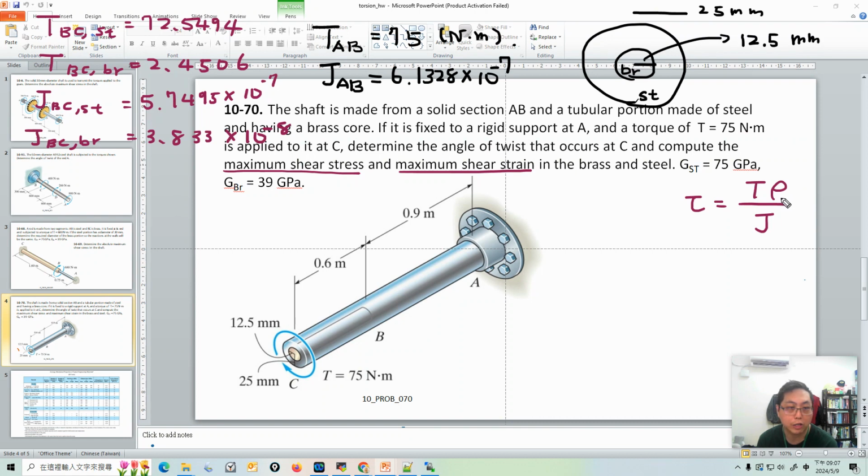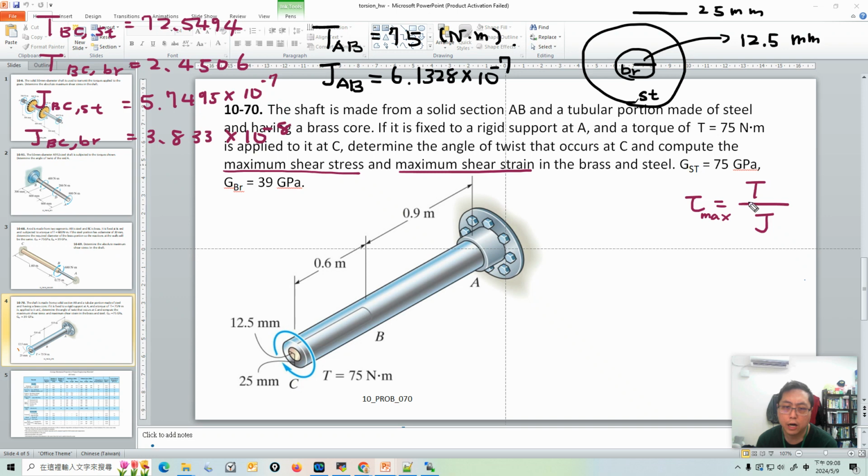To determine the maximum shear stress, in a torque loaded member the maximum shear stress is always at the surface. So this will be your radius.